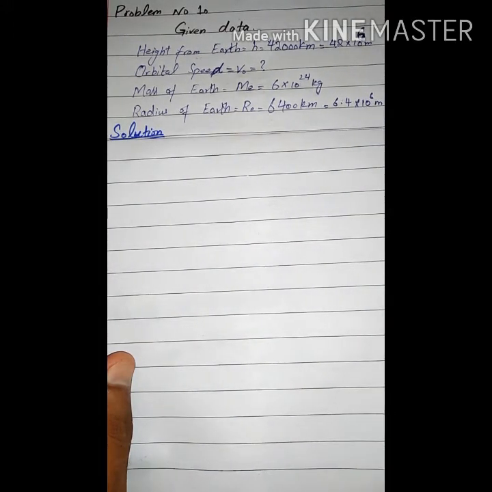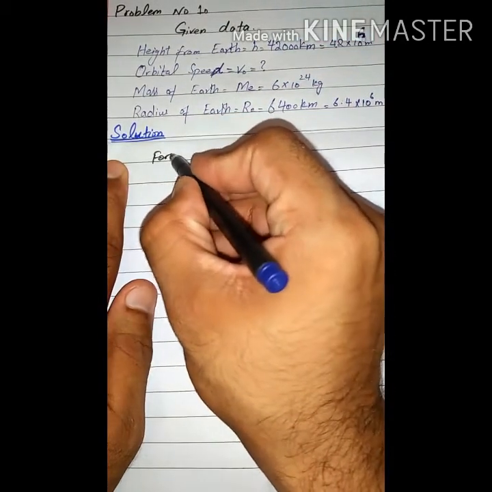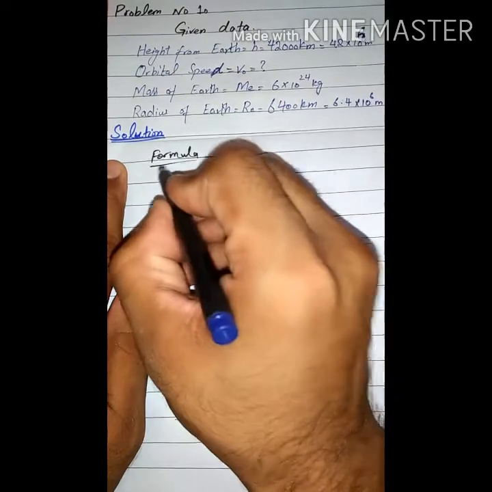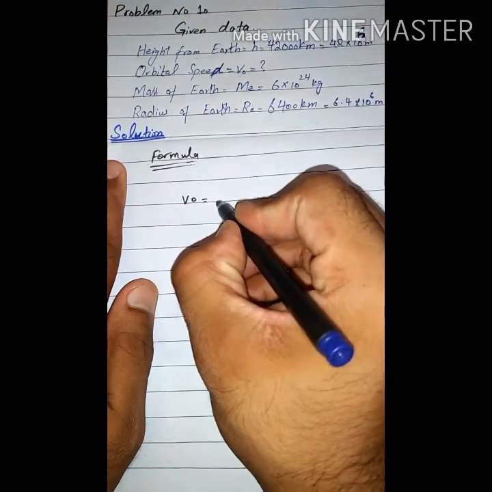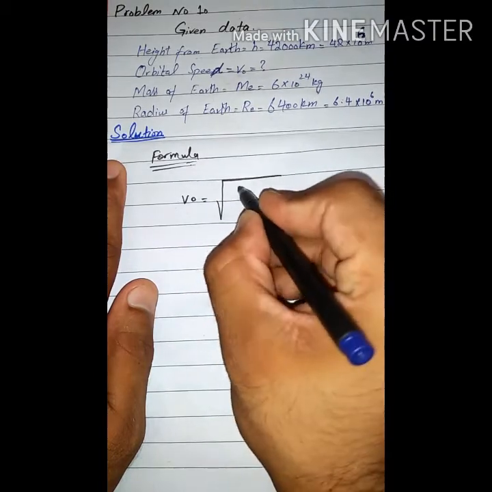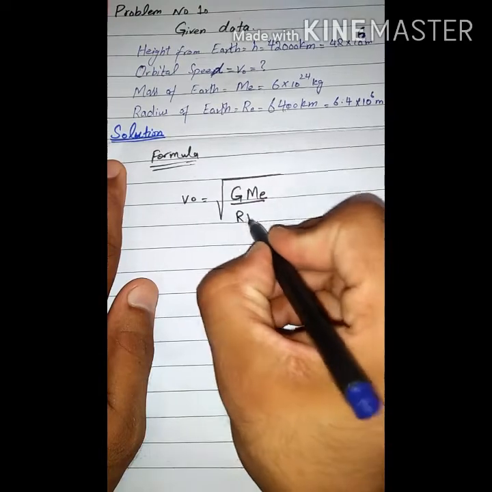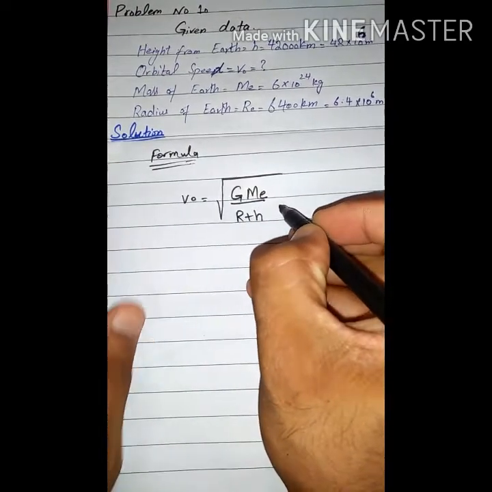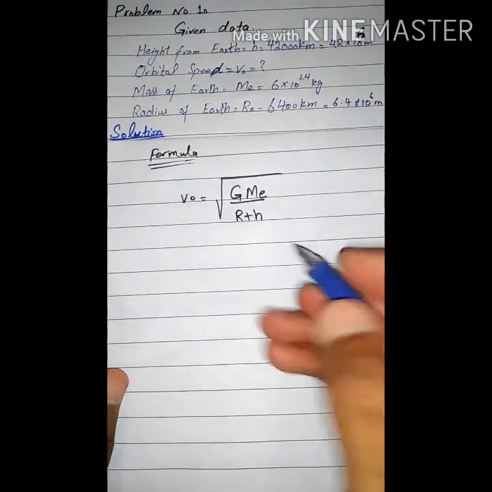So solution: the formula we know is v naught equal to square root of G M_E over (r plus h). Here that is the formula, and now we are putting in the values.